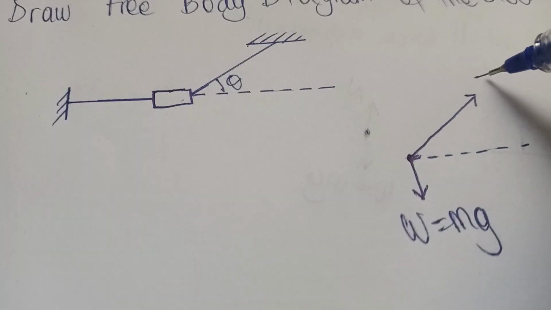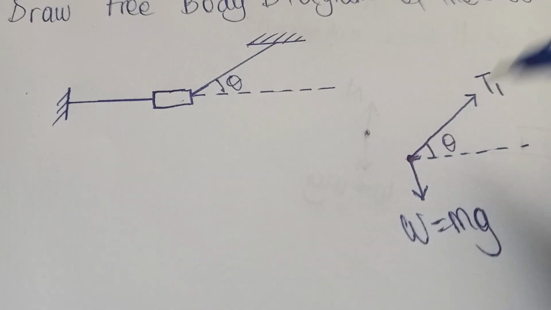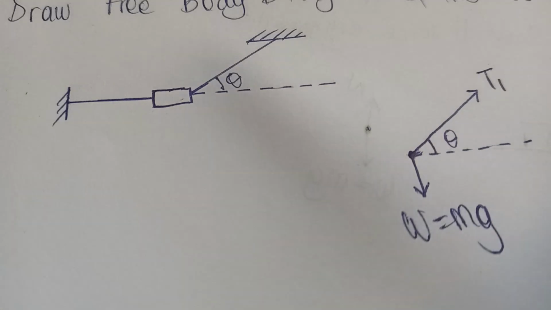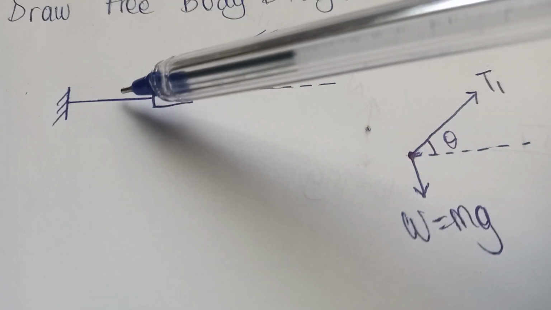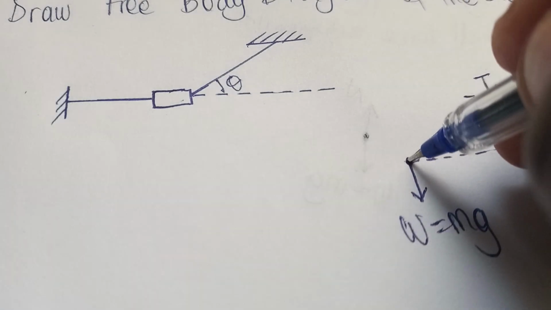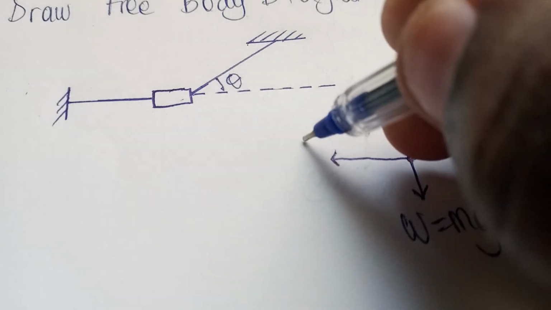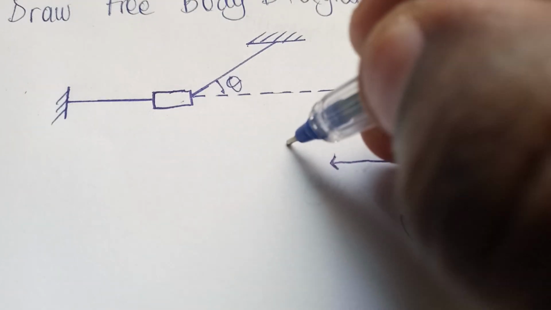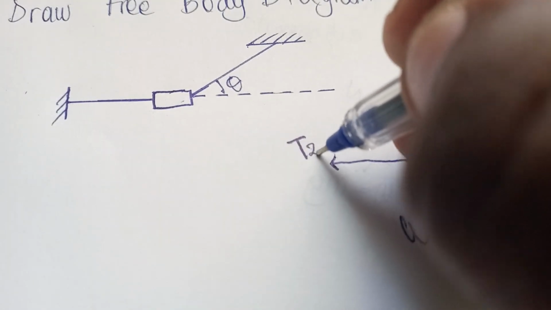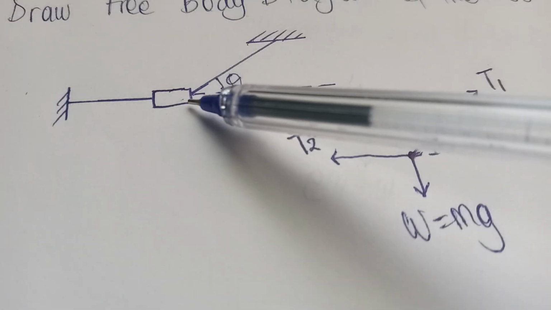So I can call this force tension T1, because they have other tensions here. And we have also this string pulling it in this direction here. I call that tension T2.